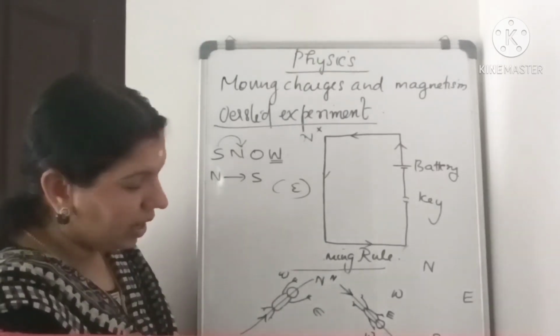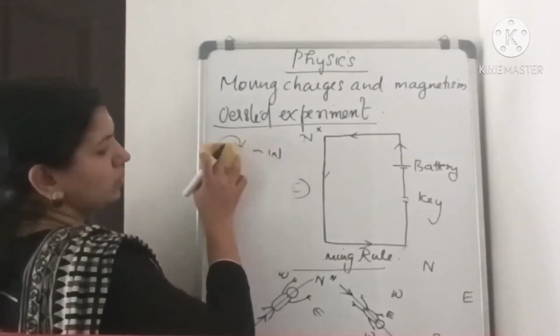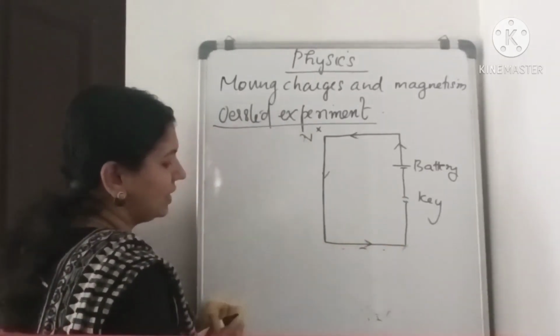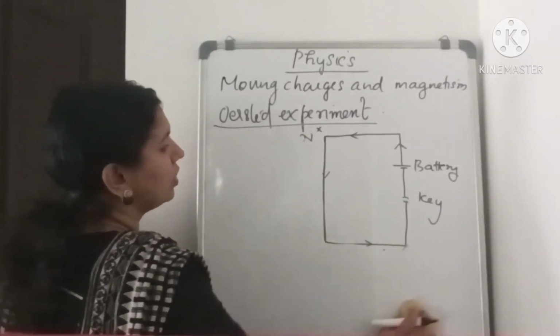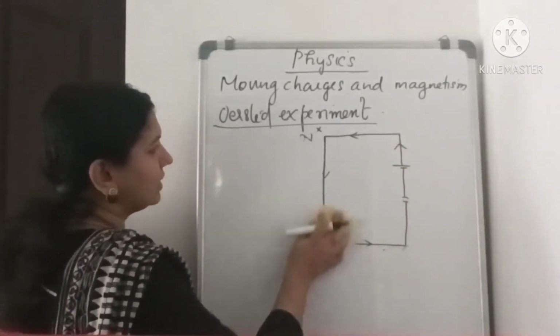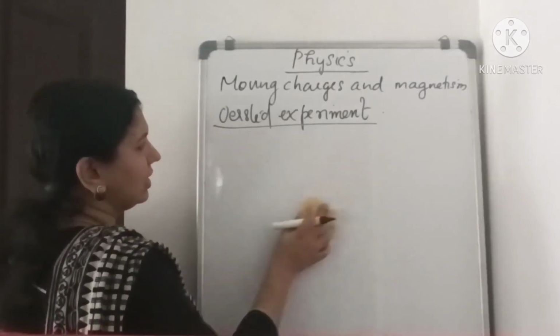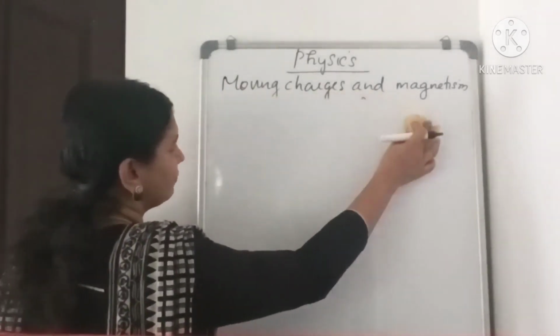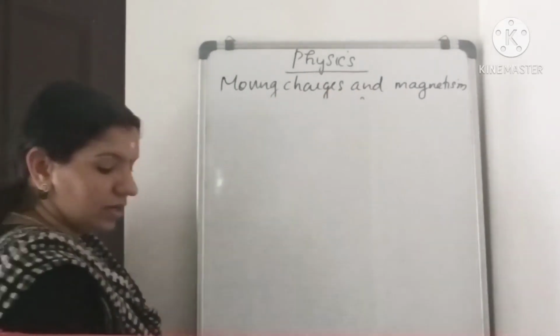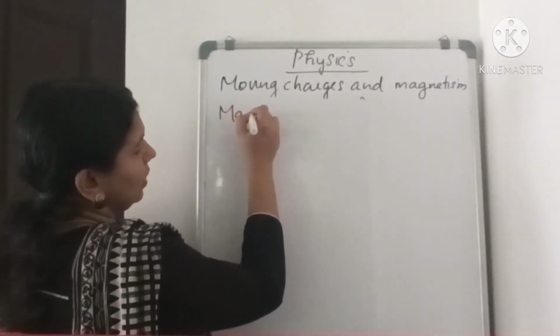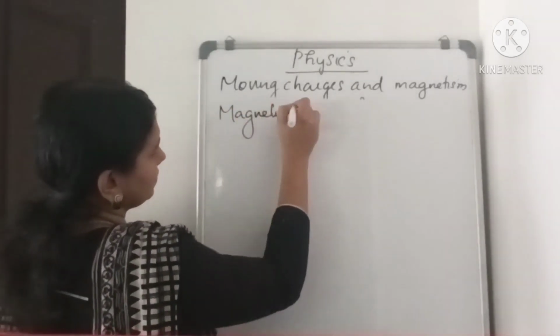Clear for you? Now, moving to the next term that we got from this experiment. What is the term? We got a word that is magnetic field. Because around this current carrying conductor, some sort of magnetic field is produced, and now we are able to define magnetic field. So what is magnetic field?